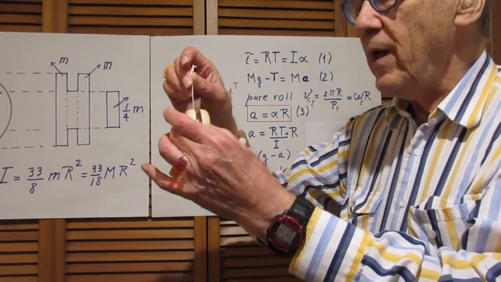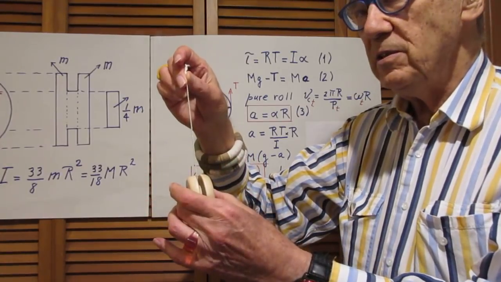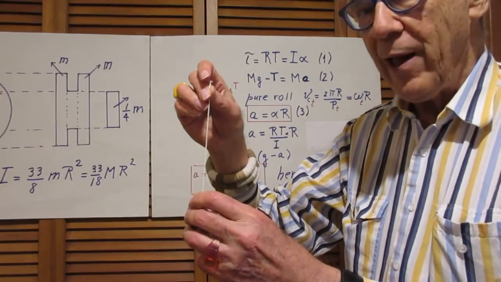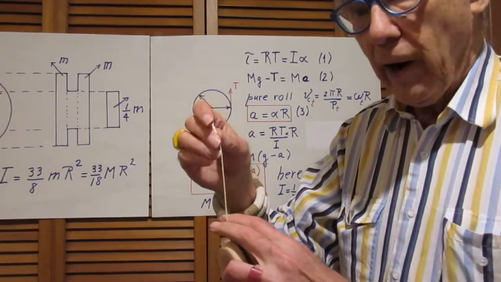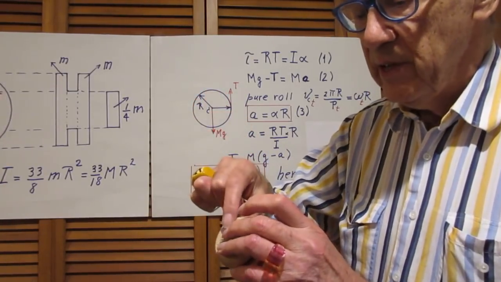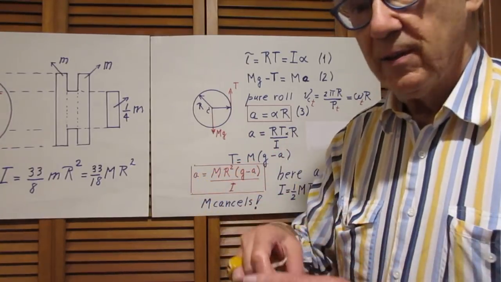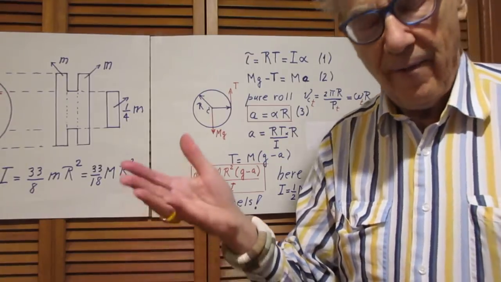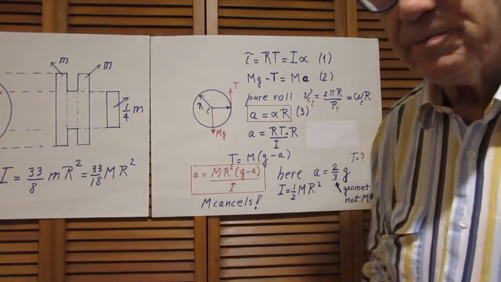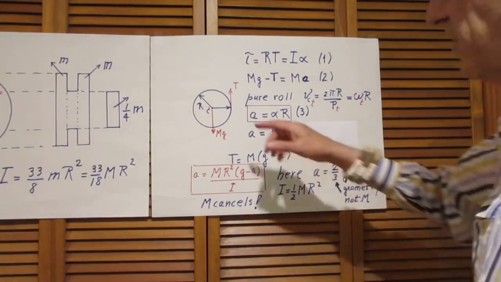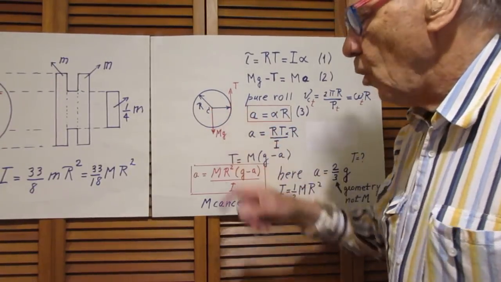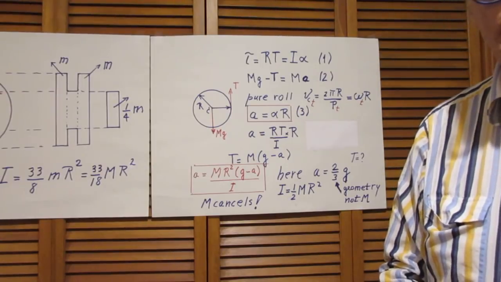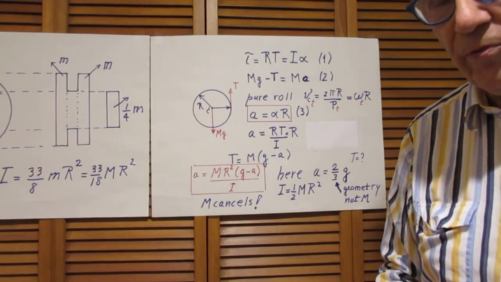If I rotate this yo-yo one rotation, it must have moved over a distance 2 pi r, whereby r is then the radius of the inner disk. In this case, we only have one disk, and that's the one about which it rotates. So this is always in pure roll condition. It has to be, because it cannot slip on the string.